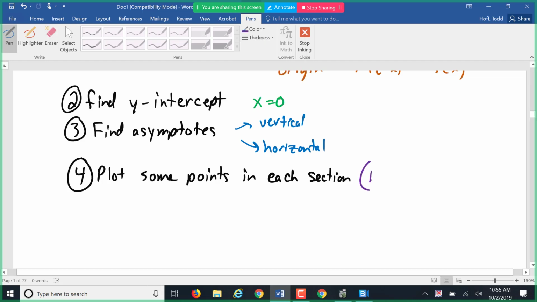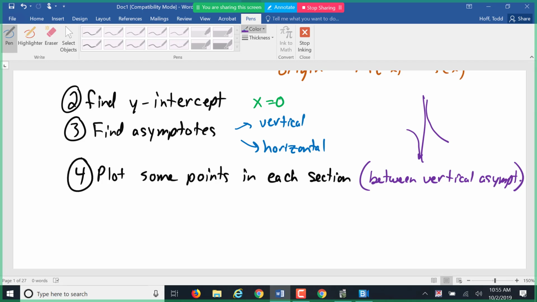Well, I mean between the vertical asymptotes, because the asymptotes will divide the graph into definite sections. So you need to figure out next to the asymptote, on each side, does it go down to negative infinity? Does it come in from positive infinity? What does it do near the asymptote and then between the asymptotes? And then, of course, just sketching the graph.